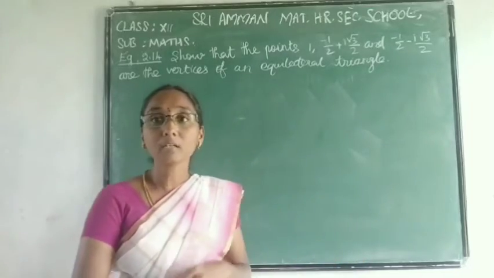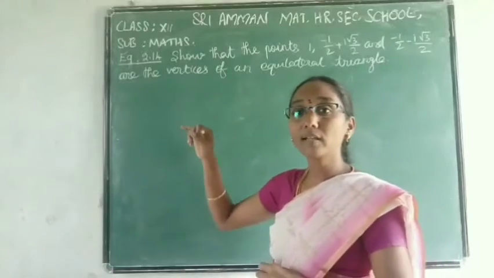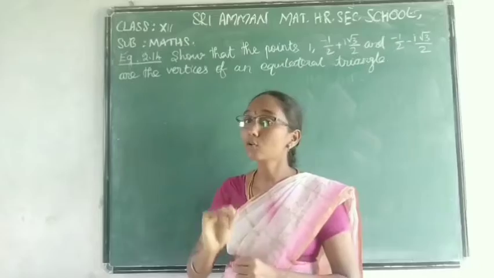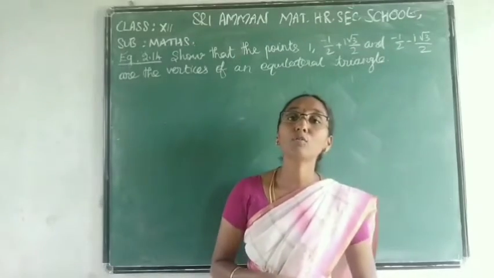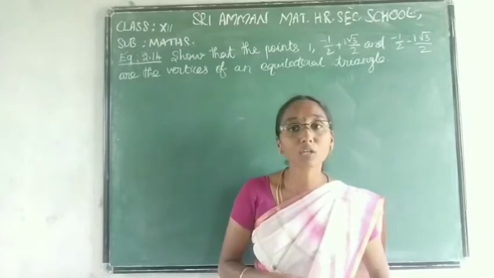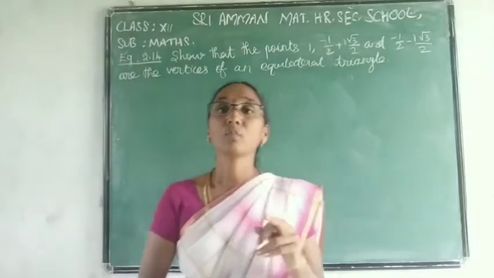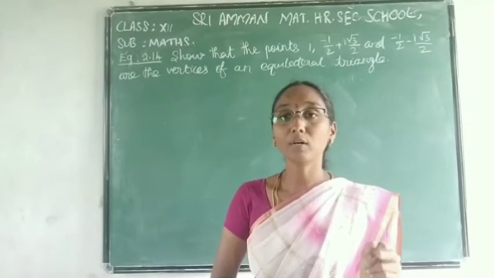Okay, here we want to show that these three vertices form an equilateral triangle. That only we want to prove.